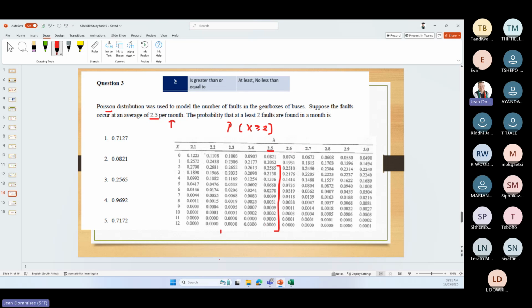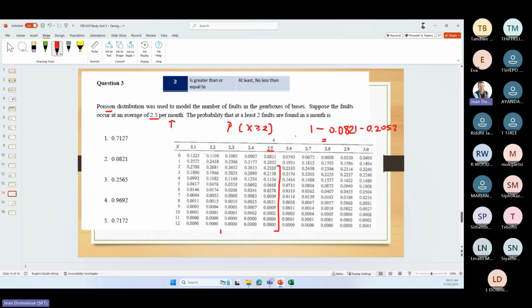So if I say 1 minus the probability where it was 0, and where it was 1, 0.2052, that will give me my answer.